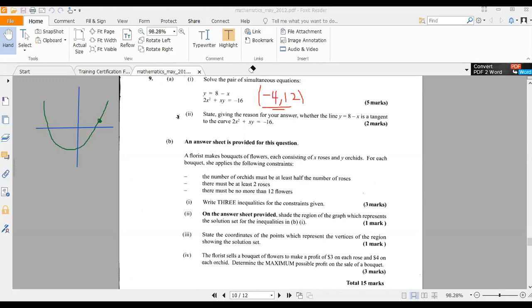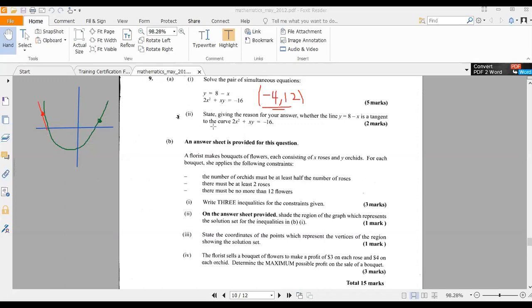For argument's sake, we'll put it somewhere over here, then we draw the tangent line right here, because the answer we are looking for is between these two, right? So the tangent line is something like that.